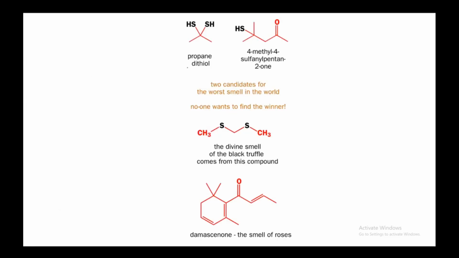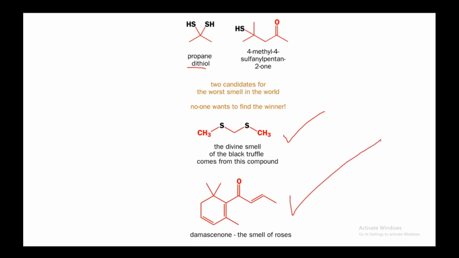This is the propane dithiol, and this is the 4-methyl-4-methylsulfane, two candidates for the worst smell in the world. No one wants to find the winner. The divine smell of the black truffle comes from this compound. Damascenone, the smell of roses, is because of this compound.